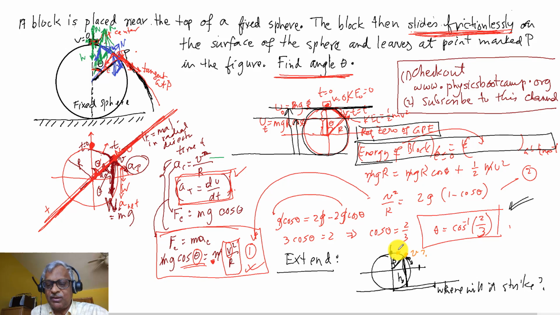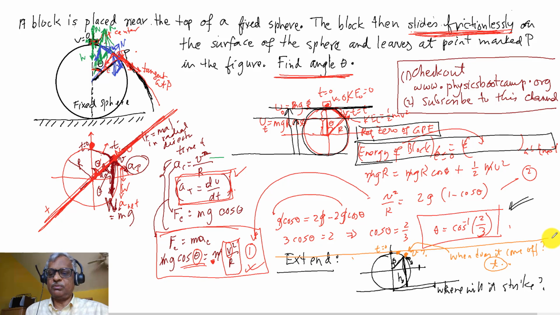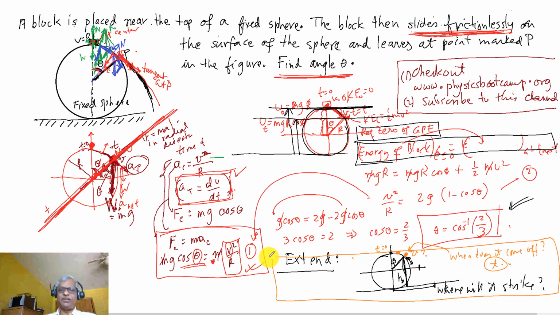What's the v there? You can ask what's the time there, if this is t equal to 0, when does it come off? You can ask t. So these are some of the extensions you could play around with, or maybe work with some friend. These are some interesting extensions of this problem.